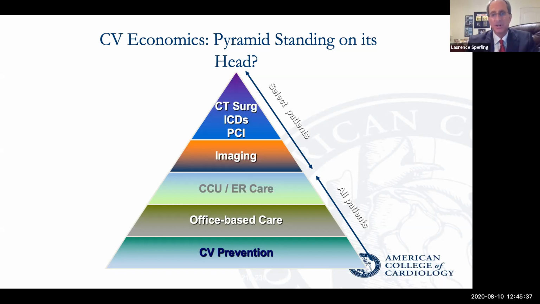The pyramid will turn and someday will stand on its head. And so we will have to think very differently when those high-tech procedures become costs instead of healthcare economical gains. Next slide.